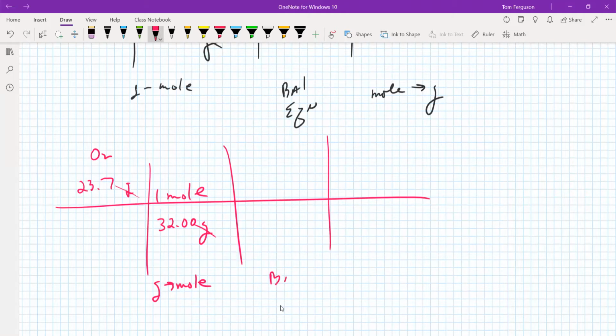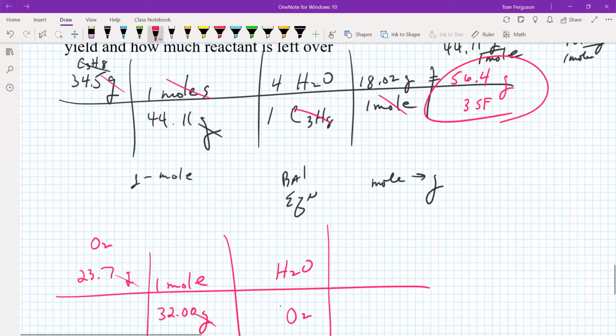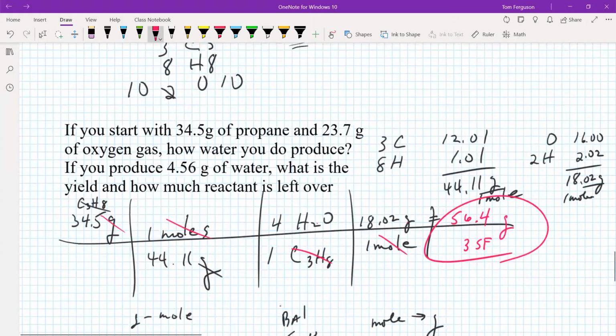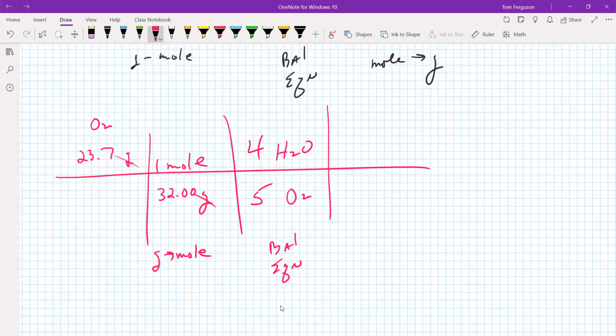And then from the balanced equation, we want oxygen on the bottom, water on top. Water's 4, oxygen is 5. And oxygen and water from up above is 18.02. Okay, so we have grams cancel, moles cancel, oxygen cancel gives us grams of water, which we want to calculate.